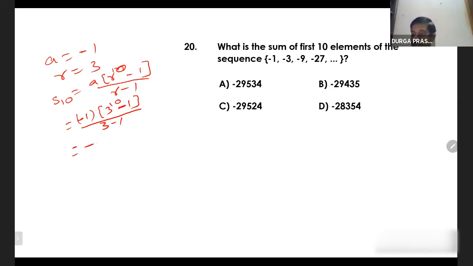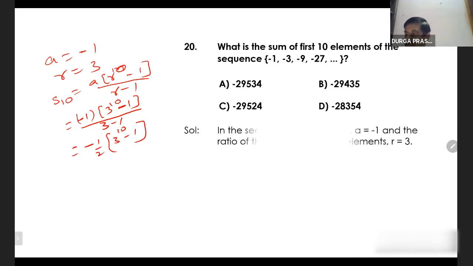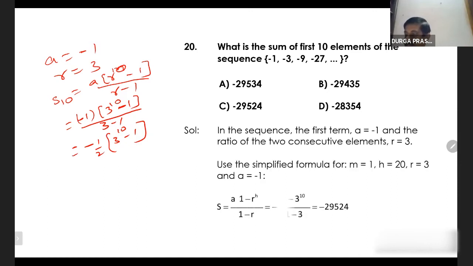So this is minus 1 by 2 into 3 to the power of 10 minus 1. You need to multiply 3 ten times, and you get minus 29524, which is option C. Please note it fast, quick.